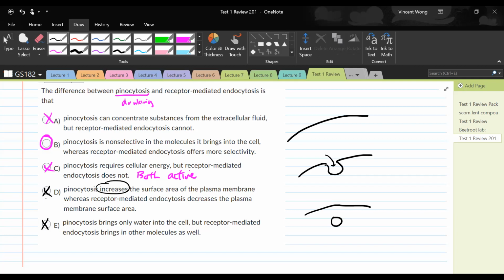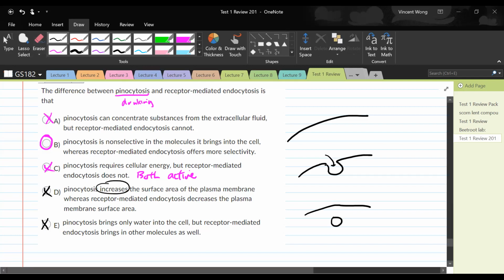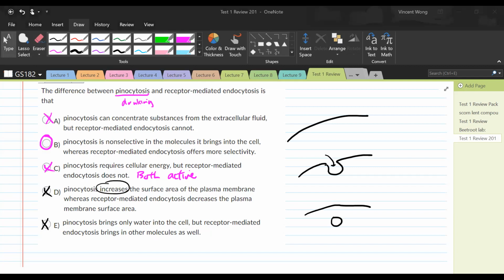Okay. So I expect some of you might get a little confused because they sound very similar. But hopefully after I explain, you understand why it is B. Any follow-up questions about this at all?